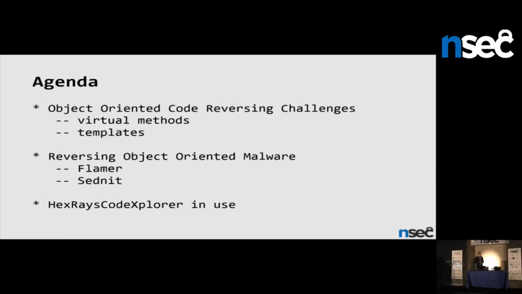We will have three parts in this presentation. First, we'll be speaking about why reversing C++ malware is difficult, and how it is different from, say, malware written in C. We'll take some simple examples to understand the difference, and then we'll move toward malware seen in the wild and see some use cases, what the problems with reversing this malware are, and how to approach them.